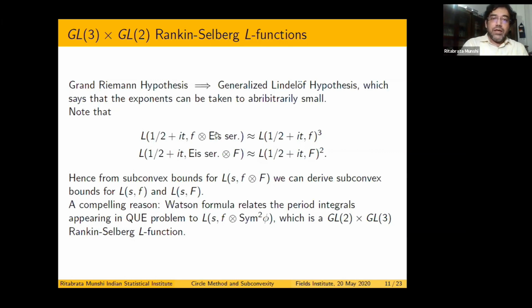So if I get a bound for these L functions, and if the bound is not sensitive to the forms being cuspidal or not, then we can get good bounds for the GL2 and GL3 L functions in one stroke. So if we get subconvex bounds here, we can get subconvex bounds for GL2 and GL3 in one stroke. And that's one good thing about looking at the GL3 cross GL2 Rankin-Selberg convolution.